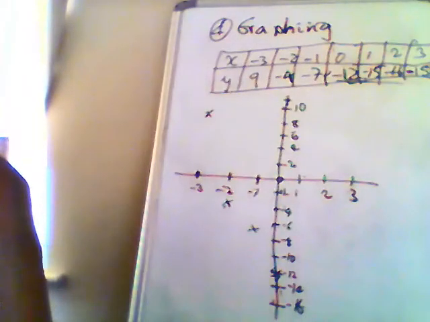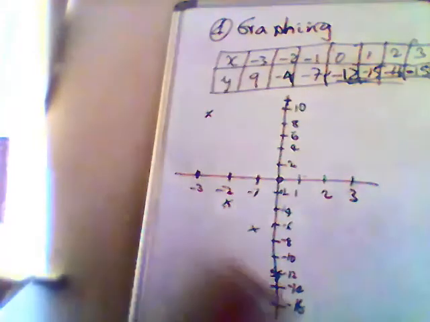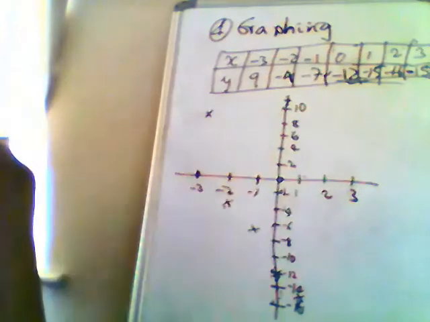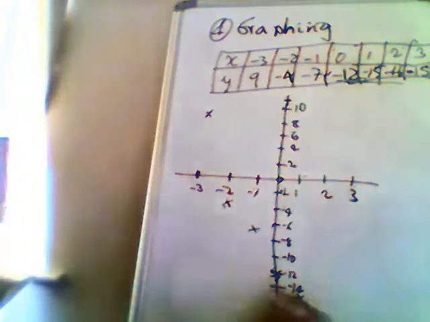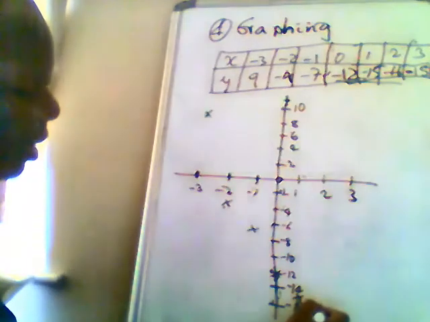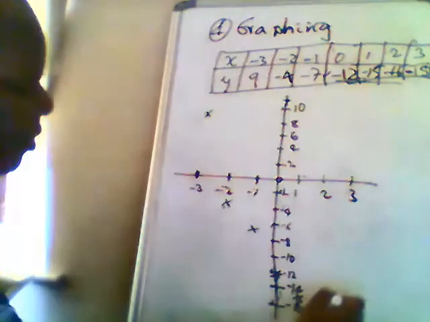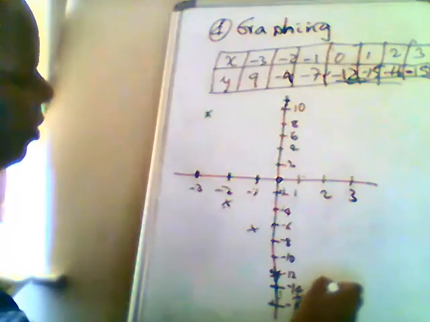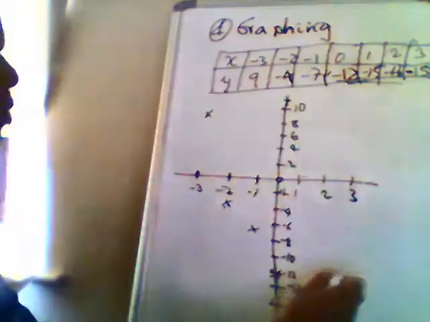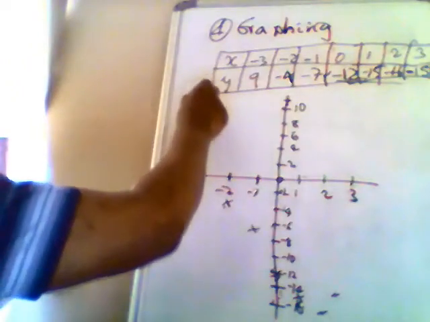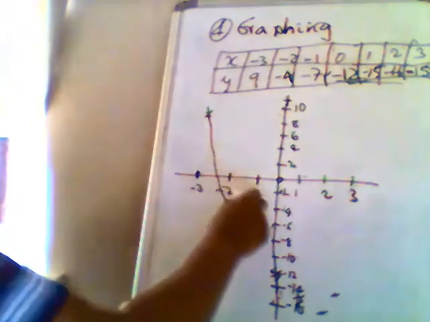When x is 1, y is minus 15, which is somewhere here. And when it's 2, it's going to be minus 16, which is somewhere here. And then when it's 3, it comes to 15, so it's going up there, which means we need to continue until it goes up. So the graph would have gone that way.